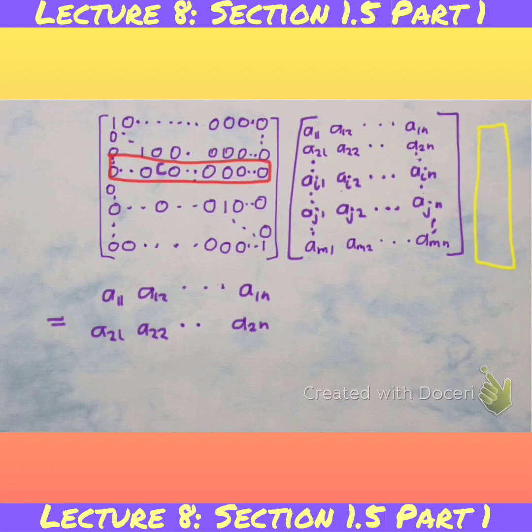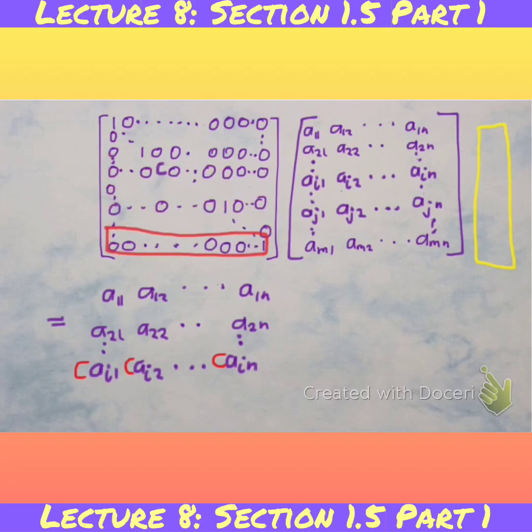That's basically going to be the ith row of A, but with one difference: I have to multiply each entry of the ith row of A by the scalar C. So there I've generated my ith row, and then I continue this process right until the last row of E, and going through the subsequent columns I generate the last row of A as my last row of the product. So there we have our last row.